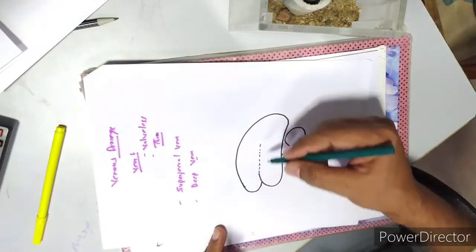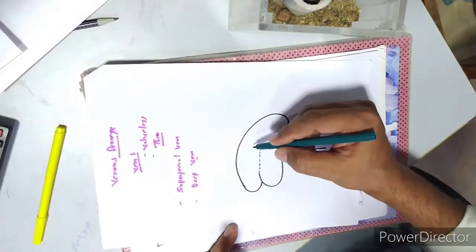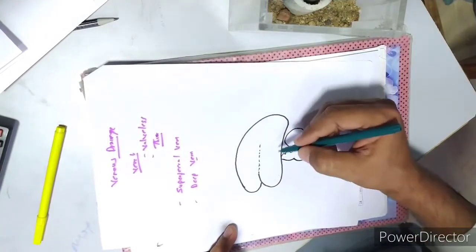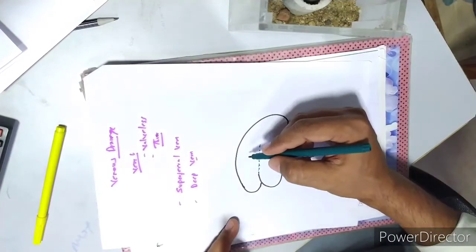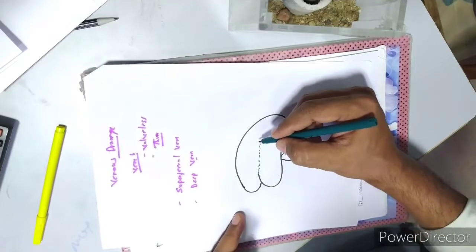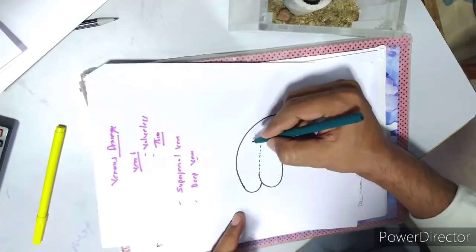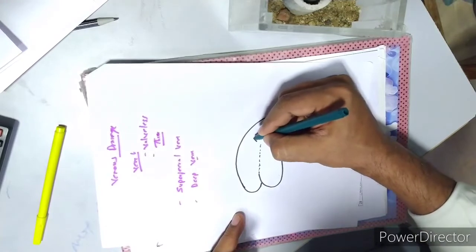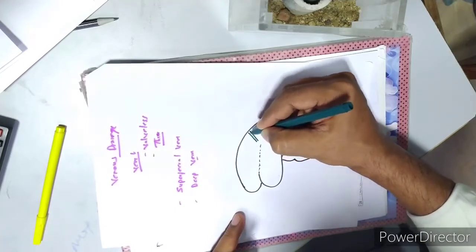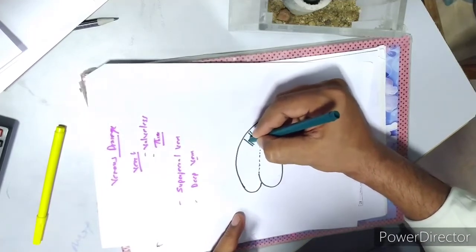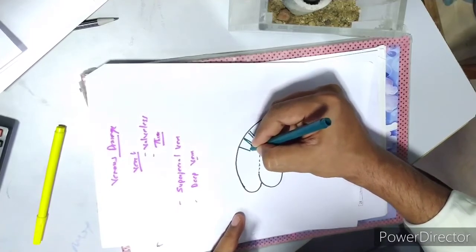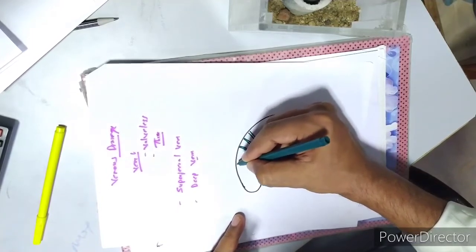First come the superficial veins here. Superficial veins are three in number. First is the superficial cerebral vein. The superficial cerebral vein drains the blood from the superolateral surface of the cerebral hemisphere, and they run obliquely and drain directly into the superior sagittal sinus.